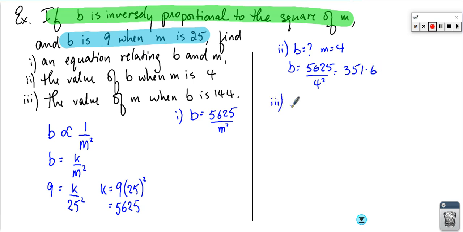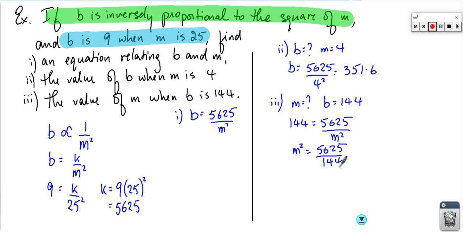Part 3, find the value of m when b is 144. So I have 144 is 5,625 on m squared. So m squared is 5,625 over 144.